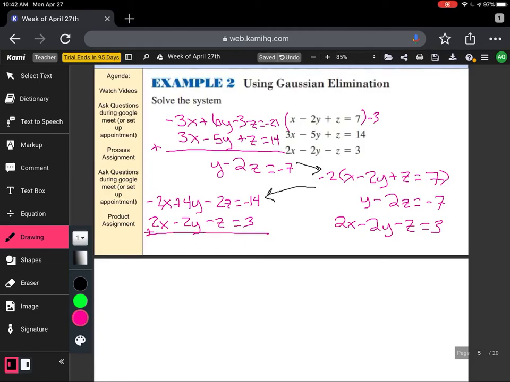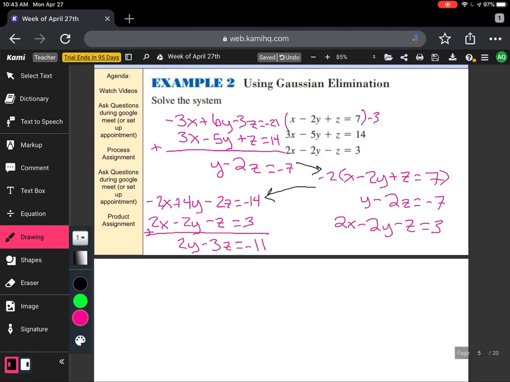And when we add these two equations, we get 0x, right, the entire point of doing that. 4y plus -2y, -2z minus z. I should be more consistent with my 2's. -14 plus 3. I had to really think about what that was.